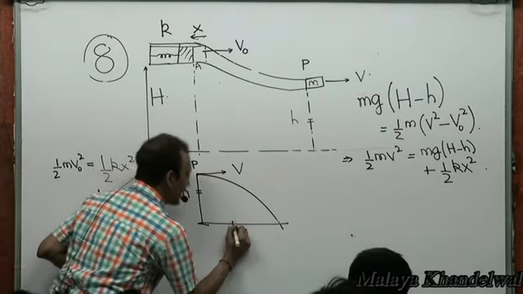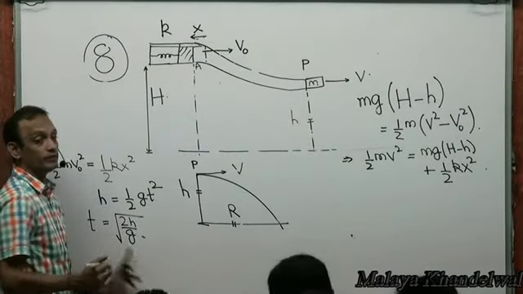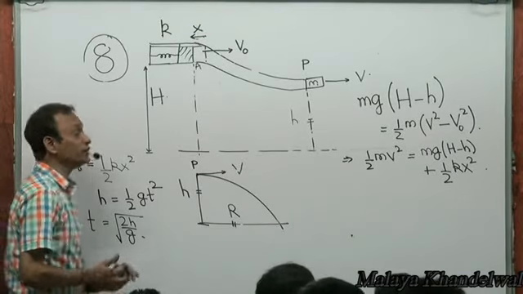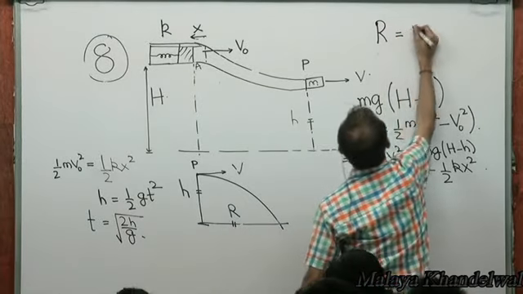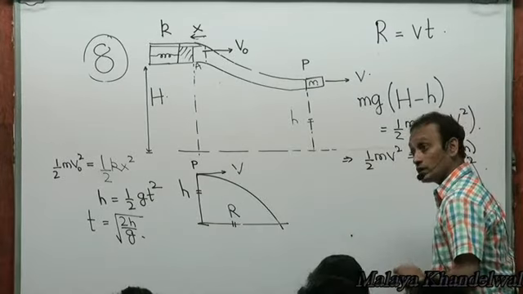Now, the range accomplished in the process is going to be v into t. Yes or no?